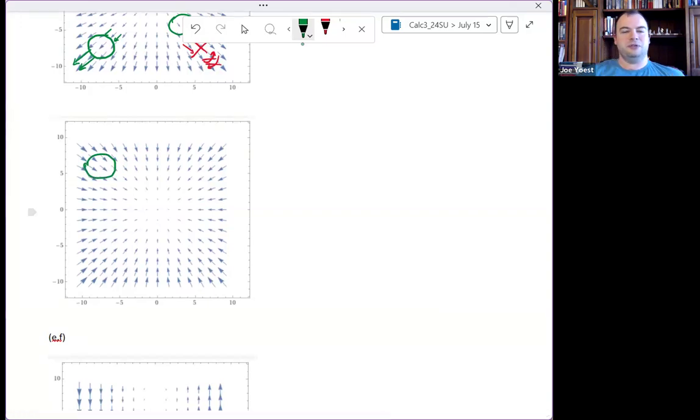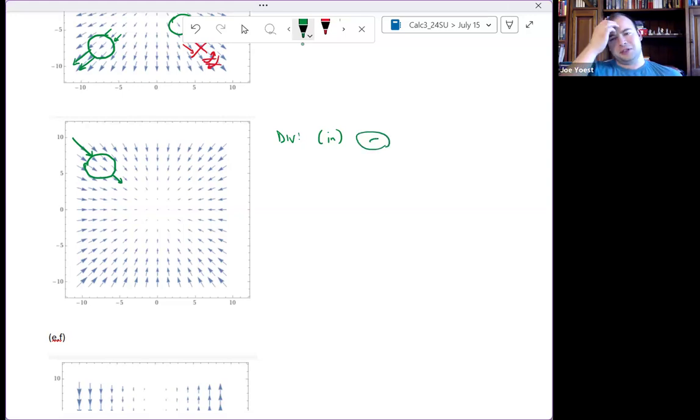This is a similar vector field, but everything is flowing in towards the origin. I see I have big vectors flowing in, small vectors flowing out, so for my divergence, my net is an inward flow. Divergence is positive when we're diverging, when we're going out, so it's negative when we're going in.